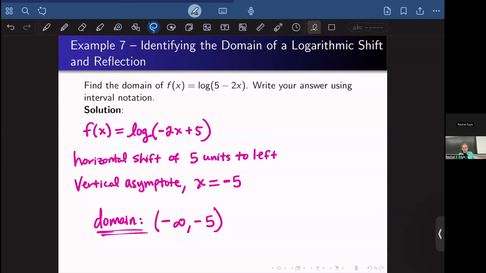So, I did forget about this -2 over here, which does affect the horizontal shift slightly. We are shifting 5/2 units to the left. Maybe I'll use a black pen so you could really see it.